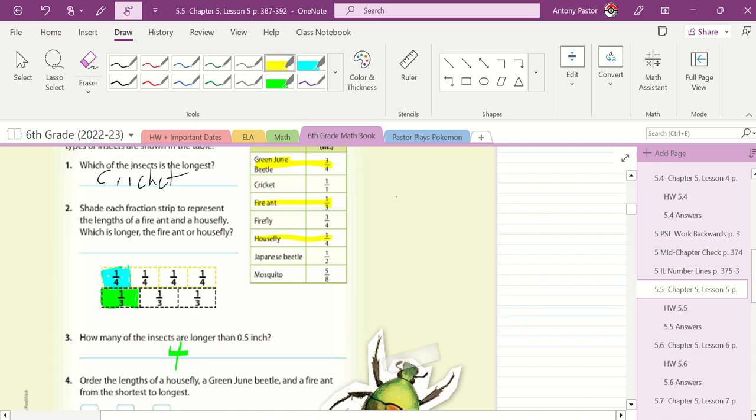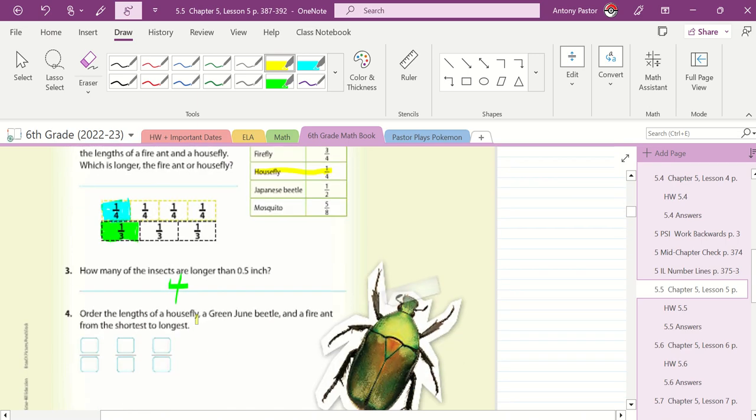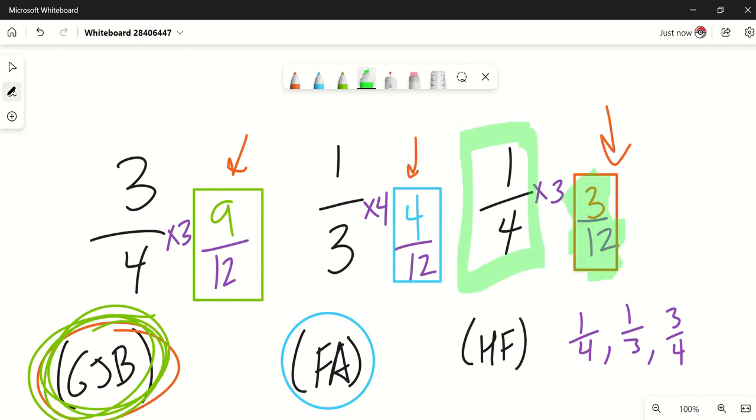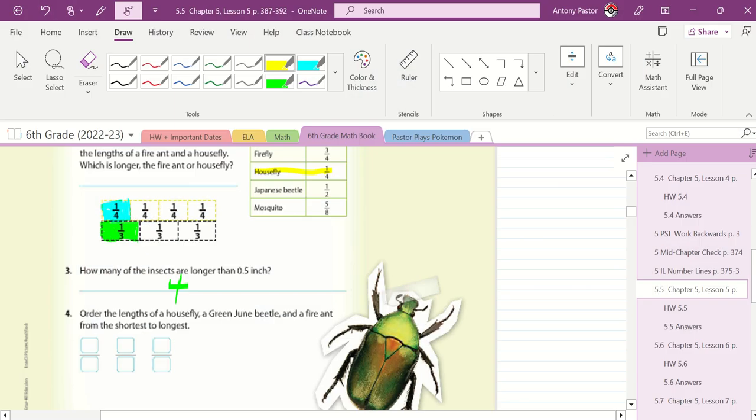So going back to the problem, order the lengths of a housefly and green June beetle and fire ant from the shortest to the longest. The shortest one here, when we're looking at our new fractions, is going to be the housefly at 3/12. I'm going to put the original fraction in, though. So I'm going to put 1/4 there.